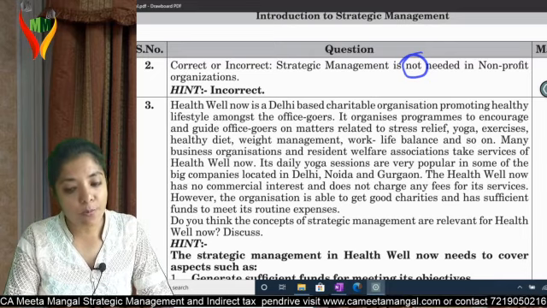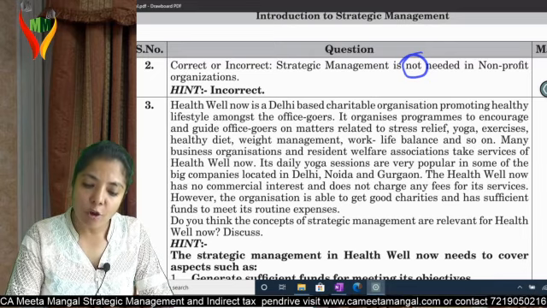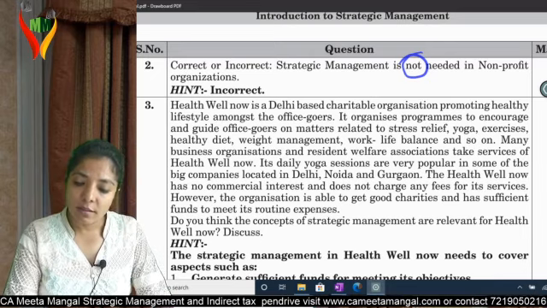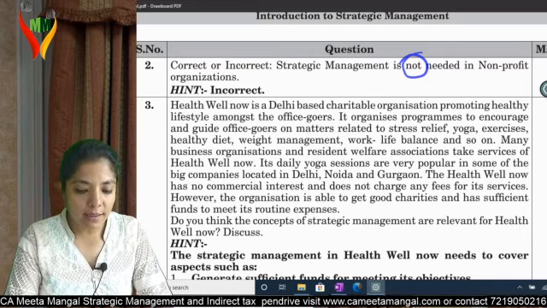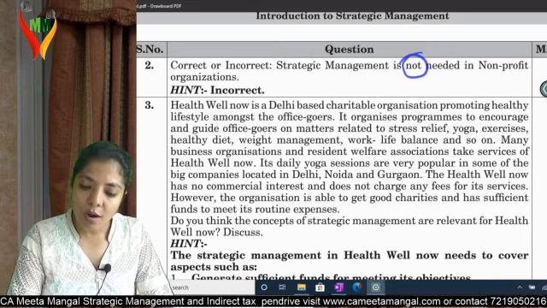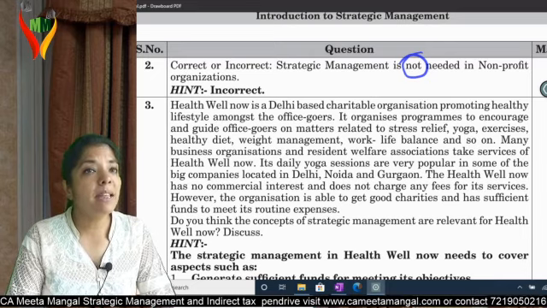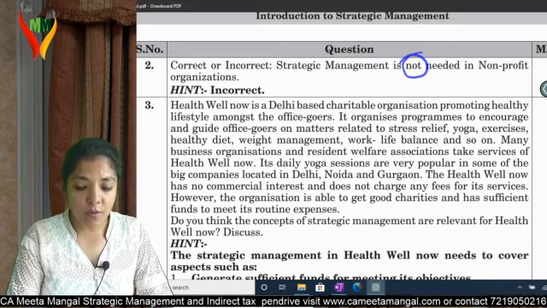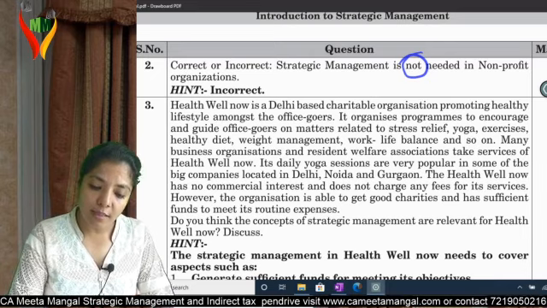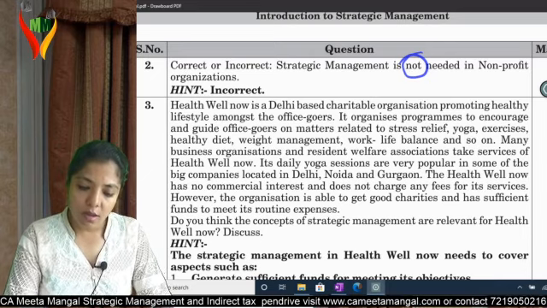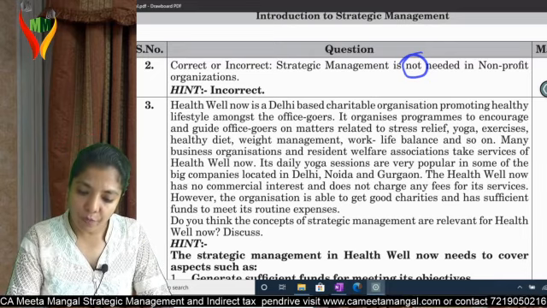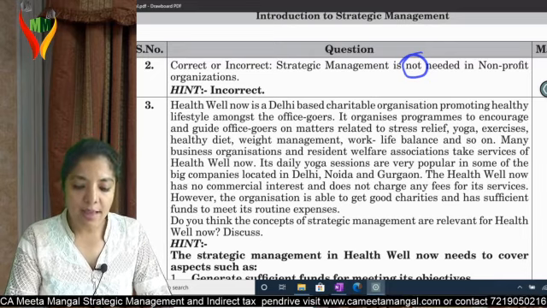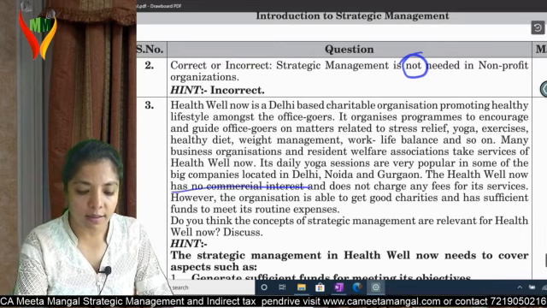It organizes programs to encourage and guide office goers on matters related to stress relief, yoga, exercise, healthy diet, weight management, work life balance, and so on. Many business companies and resident welfare associations take the services of Health Now. Its daily yoga sessions are very popular in some of the big companies located in Delhi, Noida, and Gurgaon. Health Now has no commercial interest. This is the answer, that this is an NPO.